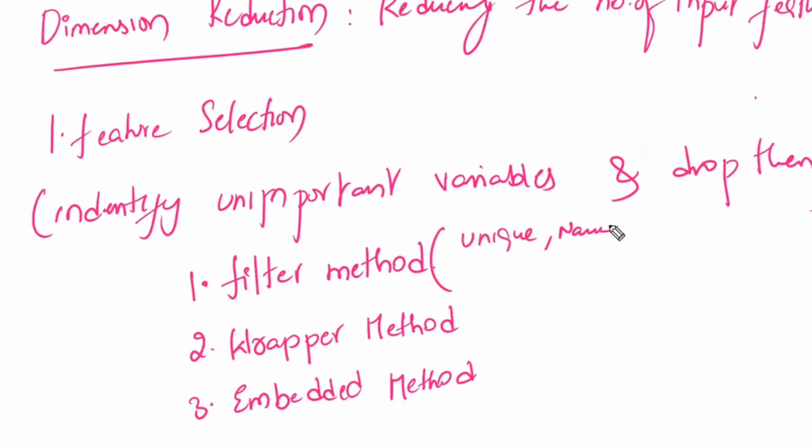Name of the applicant, is there any relation with the loan process? Every person is different, every record is unique. There is no common thing. If there is no common thing, how can you identify the pattern between them? So nothing common means you can just drop them. That particular variable which is completely unique from top to bottom, we are going to drop.